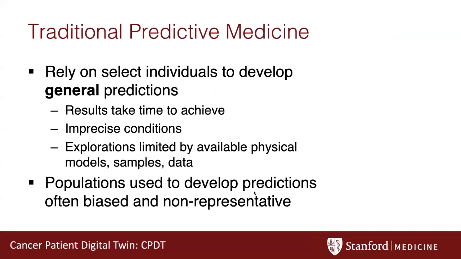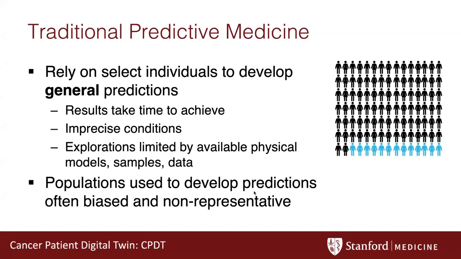More importantly, what we've learned over the past couple of years is that generally the populations used to develop prediction models are often biased and non-representative of the population to which we're applying these models. So there's a big opportunity to think about how we can improve our traditional predictive medicine and really precision medicine.